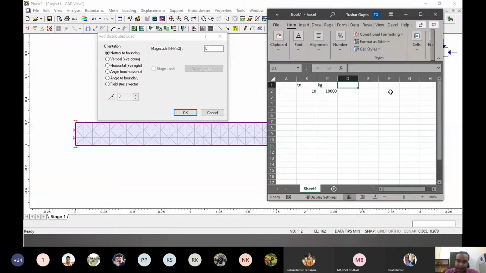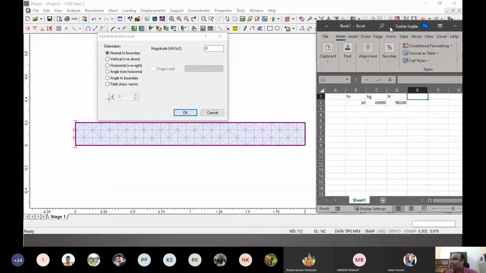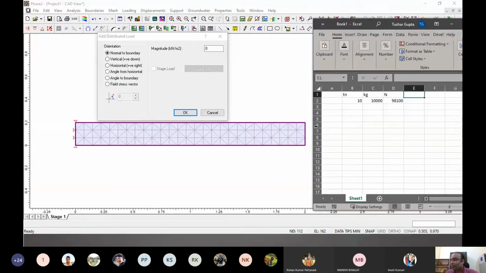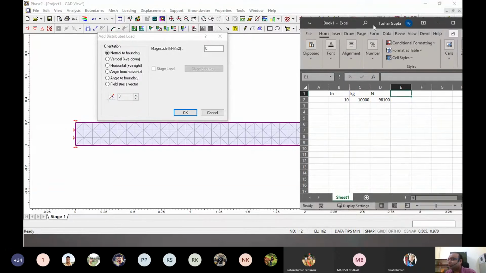Now we convert it into newtons. So in newtons, it will be whatever kgs into 9.81, correct? And divided by the area. Now, how much is the area that we have to see? So in the x-axis, this vertical length was 0.2, right?